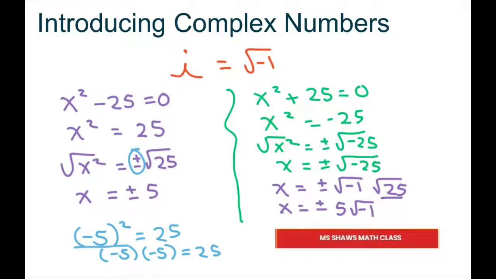And furthermore, instead of keep writing this, because when you're trying to type or write, that's hard to do, we're just going to call that i. So the answer would be x equals plus or minus 5i. And so that's all that is. That's just the square root of -1. You can write it with the i or the square root of -1, but i looks a lot nicer.